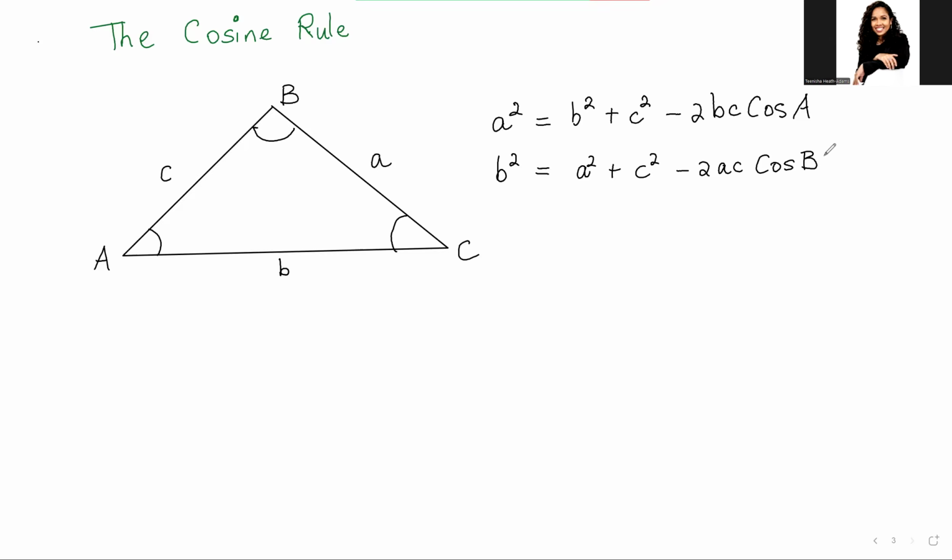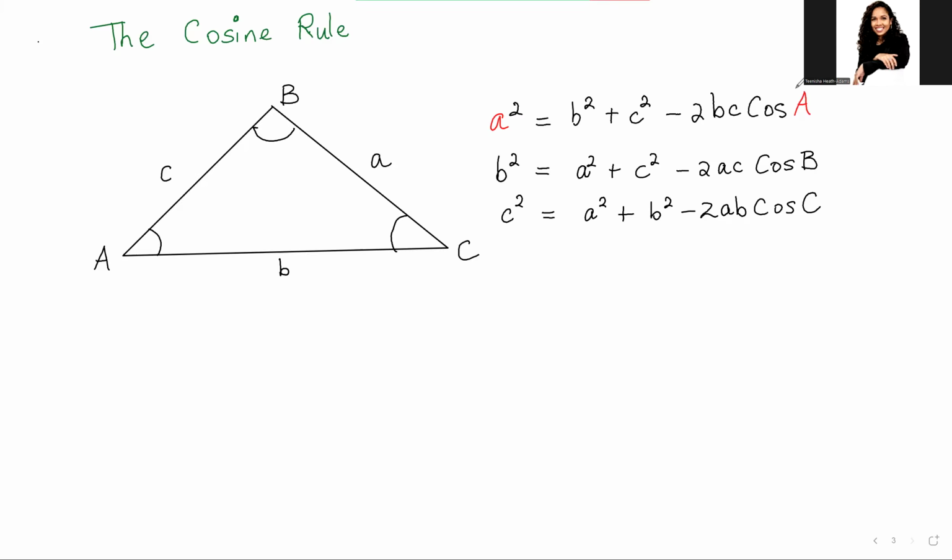So that would be cos of B. And if I wanted to find C, it'll be C squared is equal to A squared plus B squared minus 2 times AB by cos of angle C. So you have to remember that. Now, it will be given, so you're just going to write over the letter that I'm trying to find here.